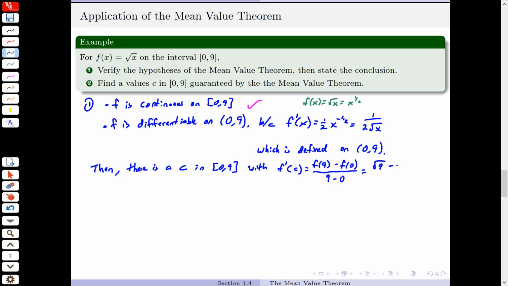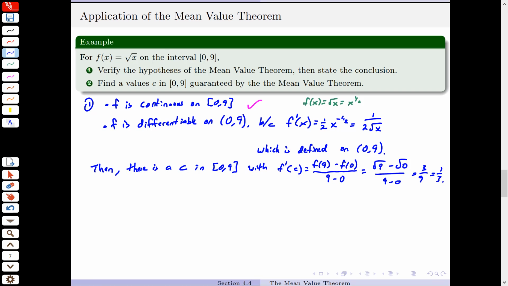So that's the square root of 9 minus the square root of 0 over 9 minus 0. Okay, which is 3/9 or simplifies down to 1/3. So this theorem is telling me that there is some point or some x value between 0 and 9 where the tangent line at that point has a slope of 1/3.